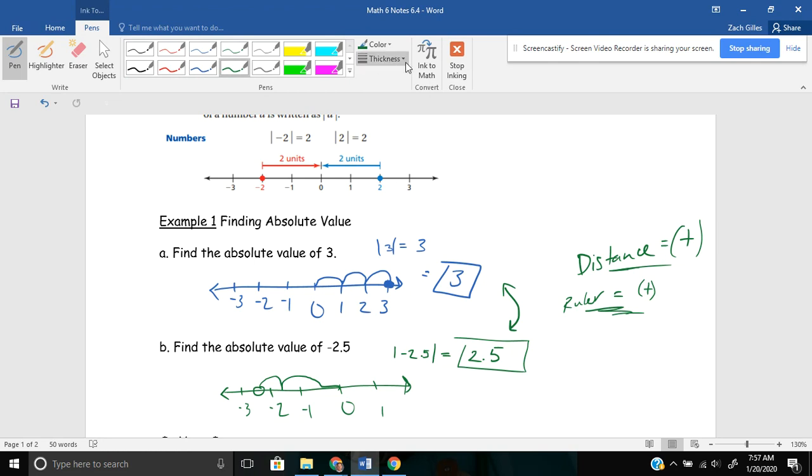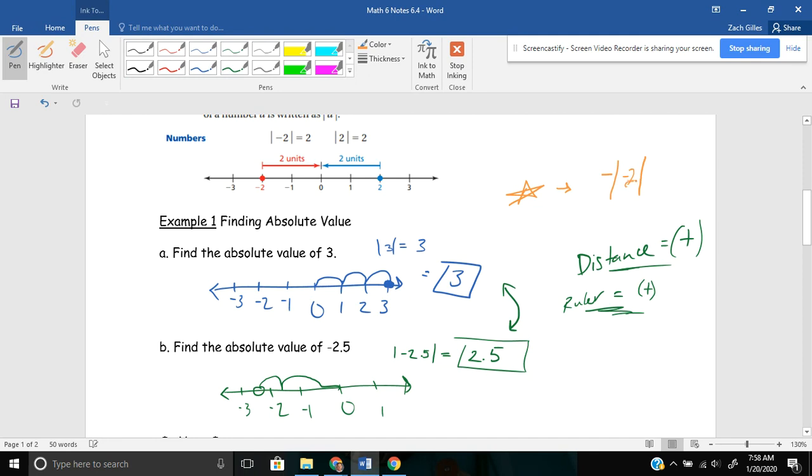Now, here is the one time when you could get something negative. And I might write this down if I were you, because sometimes you'll see this. They might say the negative is written outside of the absolute value sign. So then they might say something like -2.